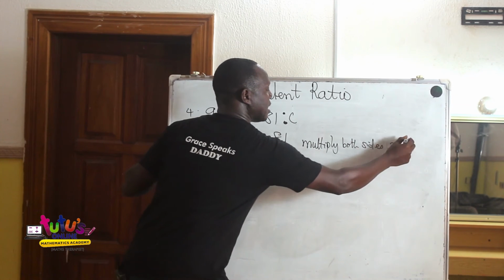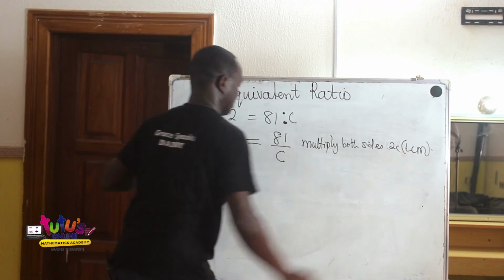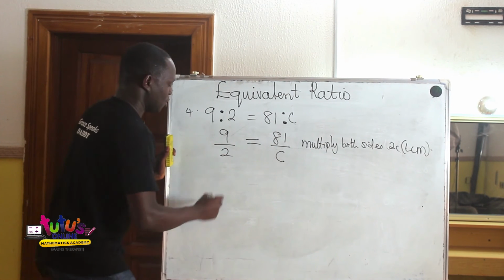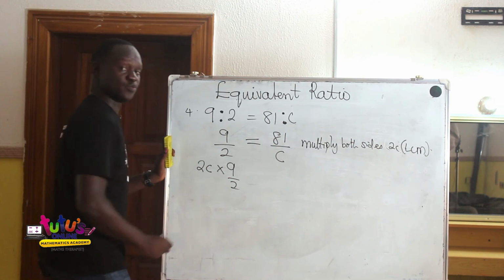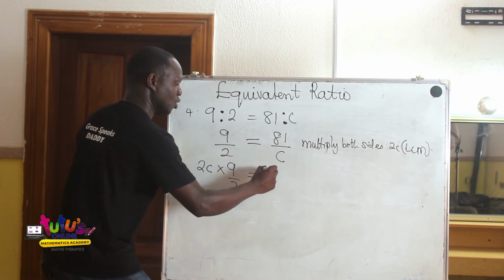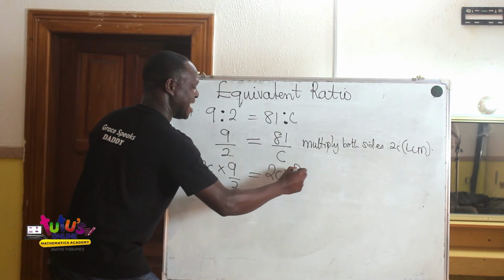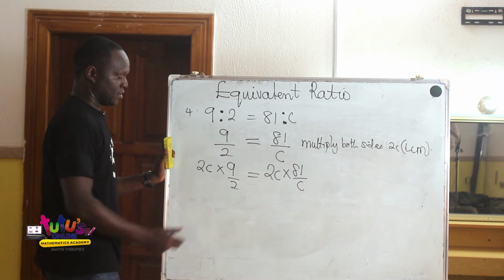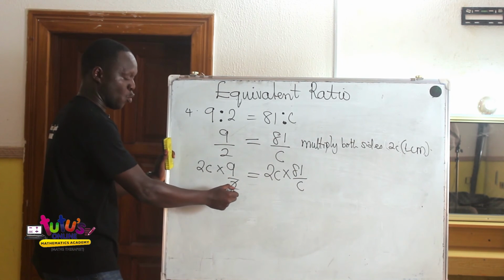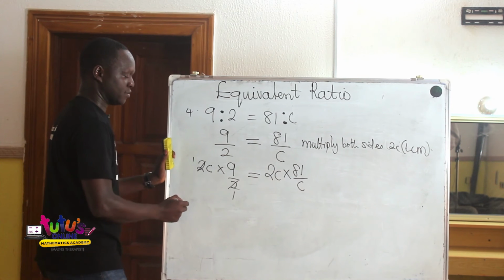So let me put it like this. LCM. So 2C times 9 over 2 equal to 2C times 81 over C. 2 here is 1, 2 here is 1.